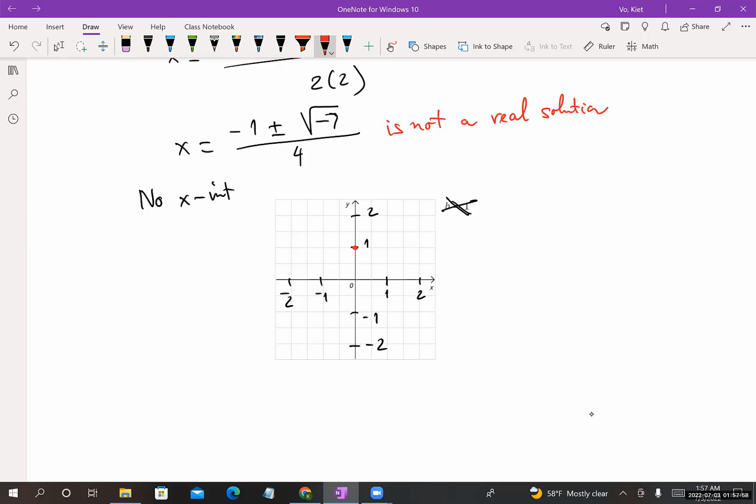And then I'm going to also identify the vertex at negative 1/4, 7/8. So 7/8 is close to 1, and negative 1/4 would be a quarter of 1, so that would be right here.